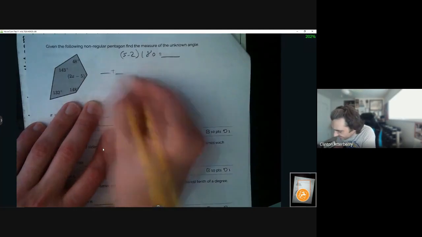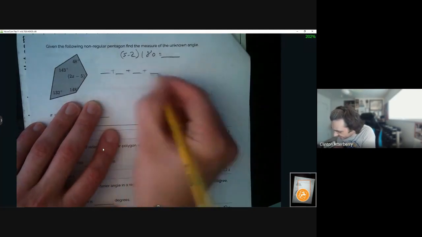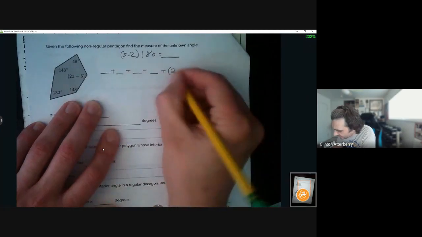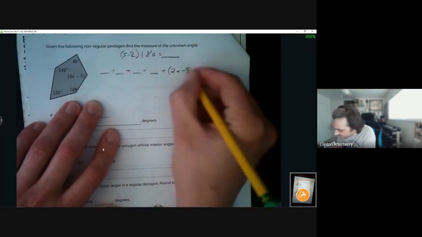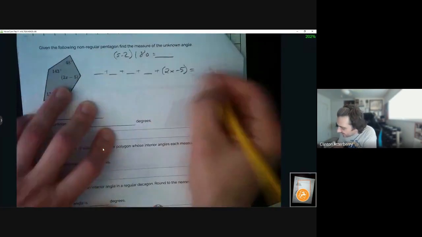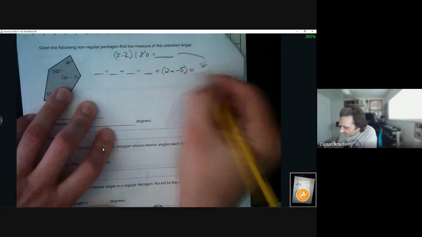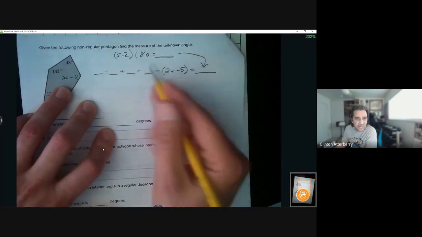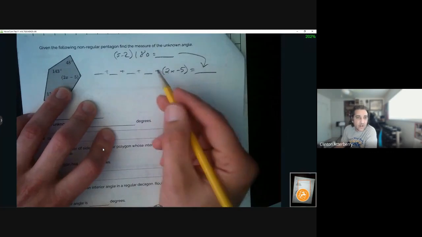When you add your 5 pieces together, 1, 2, 3, 4, plus this 2x minus 5, or whatever yours says, I'm putting 2x minus 5 because that's what my example says, and that's going to add up to whatever that was. Every 5-sided figure, 5 sides, 5 angles, adds to the same total amount.